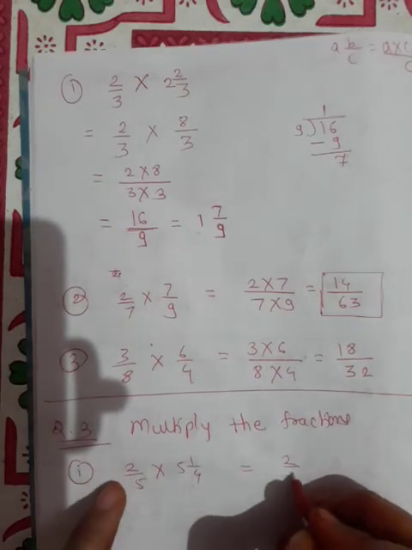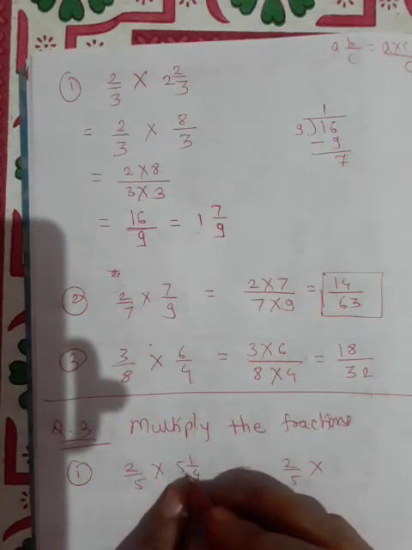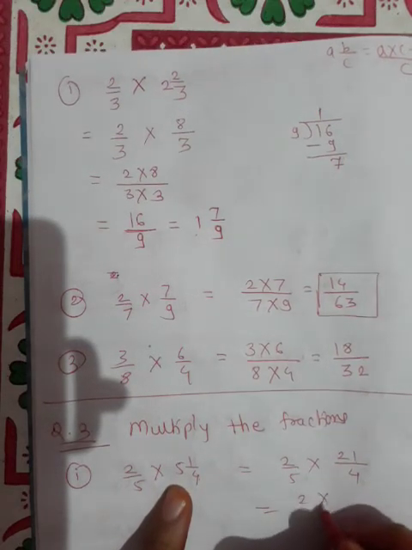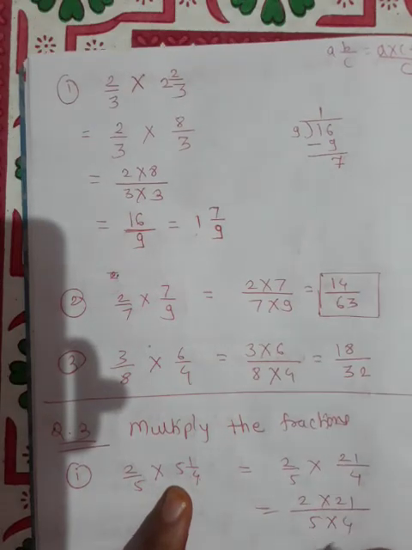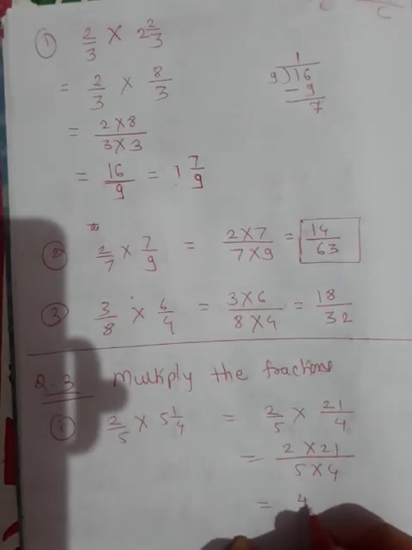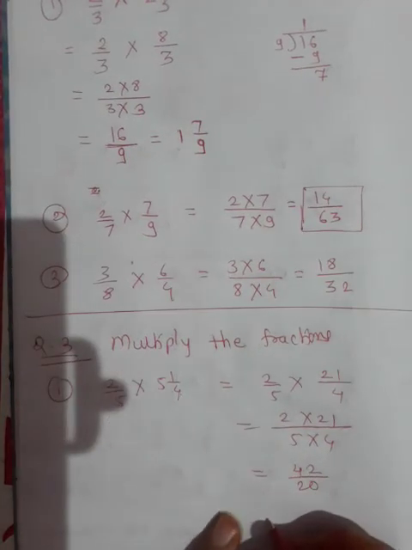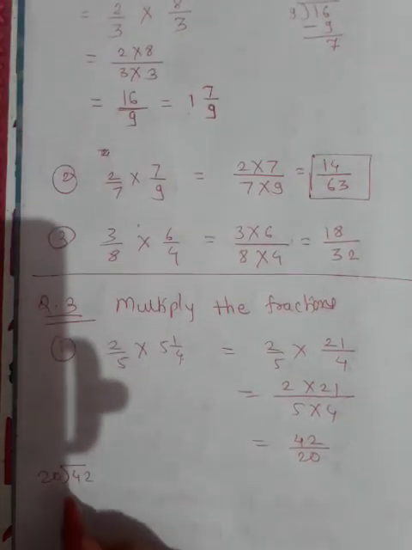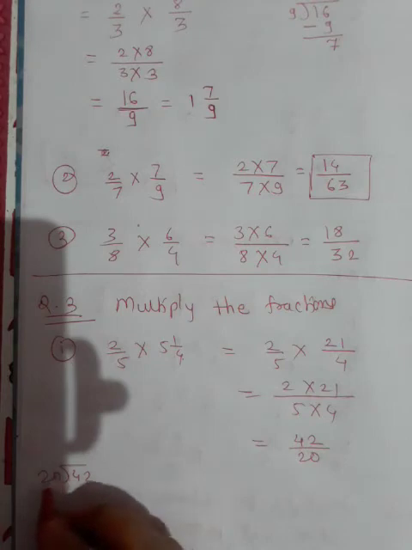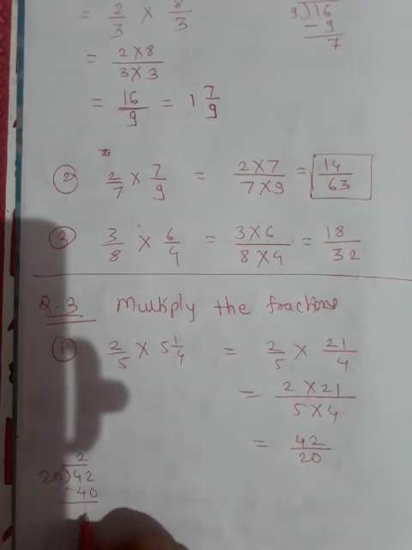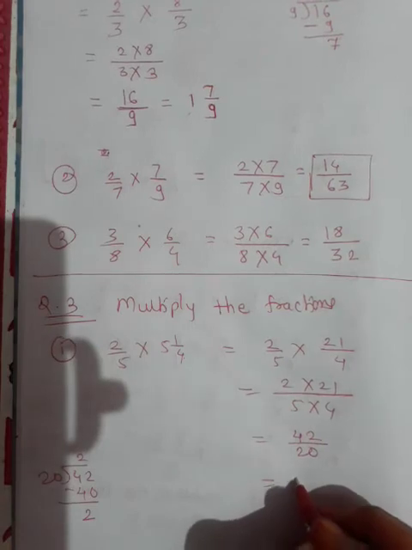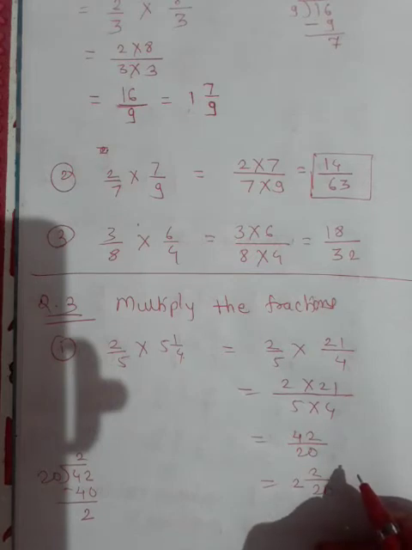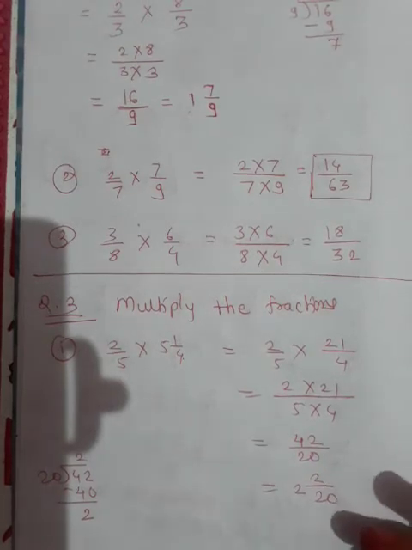So 5 4s are 20, 20 plus 1 is 21 upon 4, that is equal to 2 into 21 upon 5 into 4, that is equal to 42 upon 20, and 42 upon 20 can be converted into lowest form as 20 2s are 40, that is 2. 42 by 20 can be written as 2 2 by 20. Okay, so like this you can solve question number 3 also.